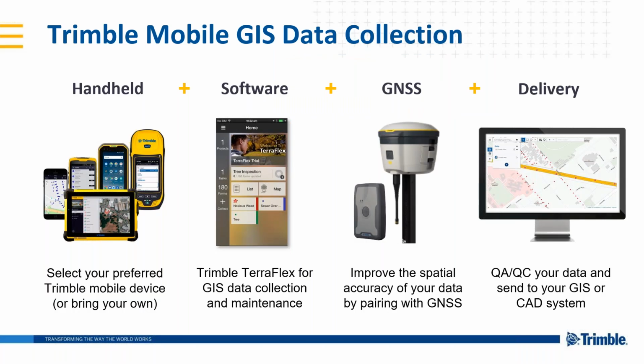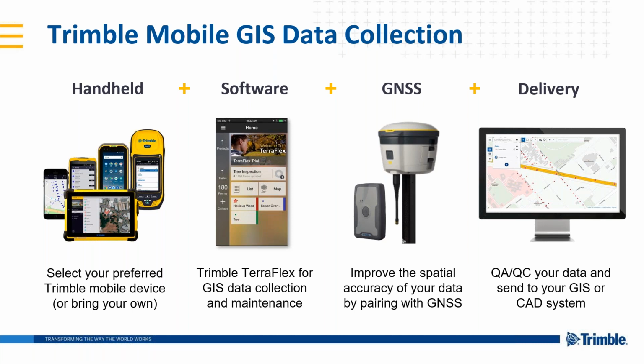So, looking at the Trimble mobile GIS data collection solutions that we have, they typically comprise 4 different components. The first one is the handheld, or the device that you're using to collect the data. The second one is the software that runs on that device, which obviously defines the workflow that you're using.